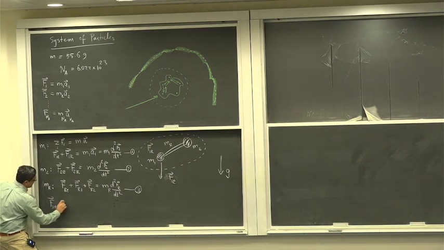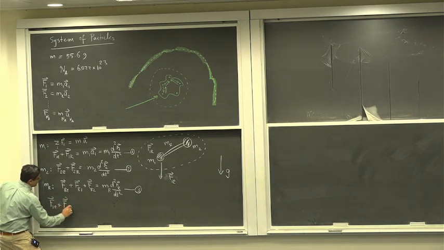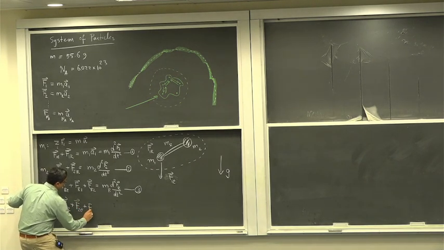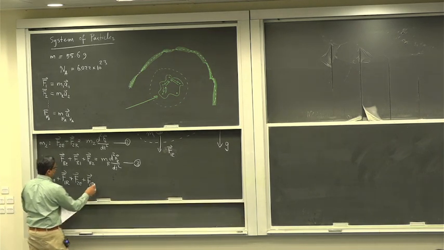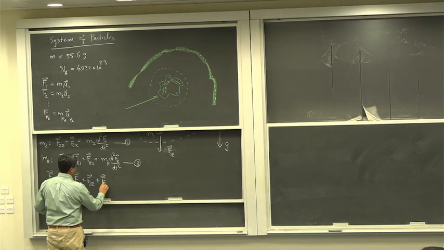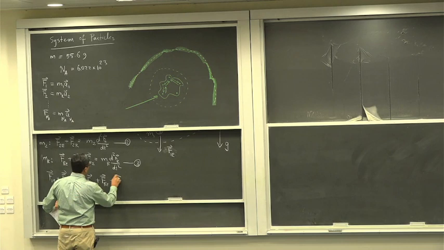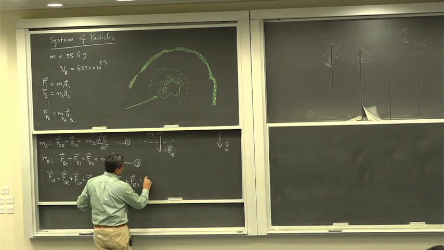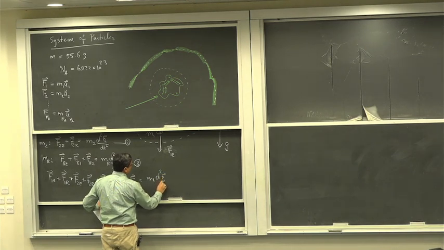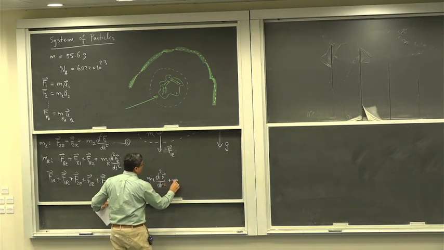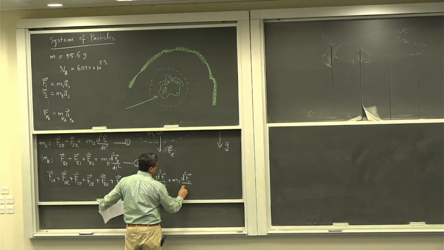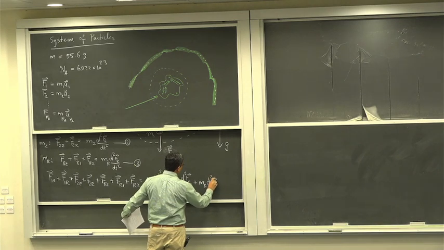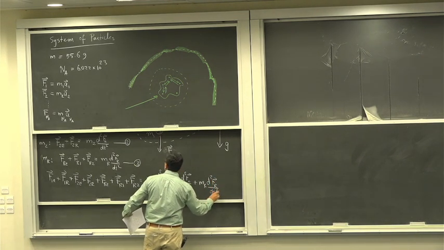All right, and if you add them all together, then this becomes F1E plus F1R plus F2E plus F2R plus FRE plus FR1 plus FR2 is equal to m1 d squared r1 over dt squared plus m2 d squared r2 over dt squared plus mr d squared rr over dt squared.